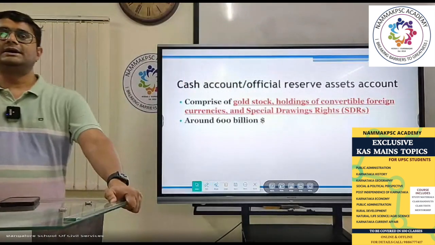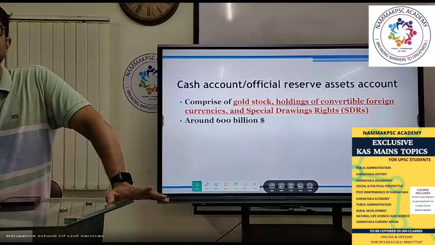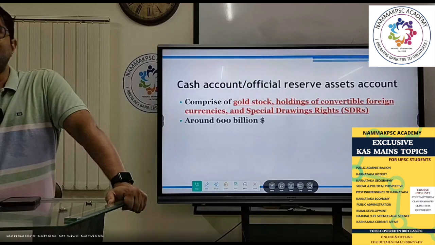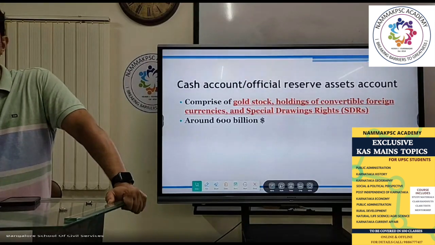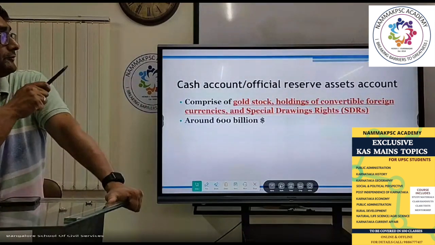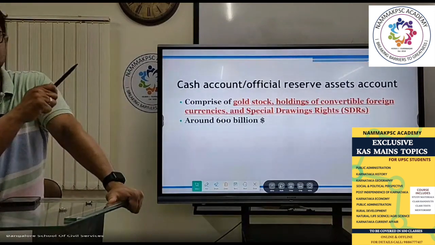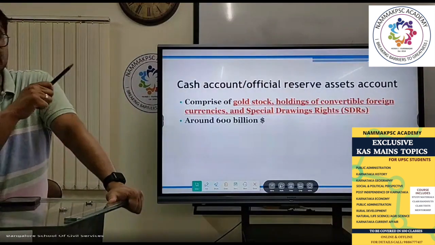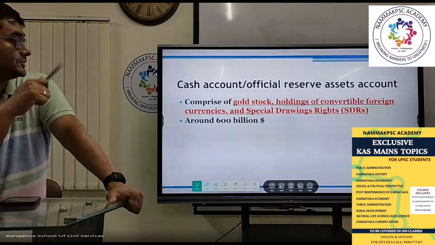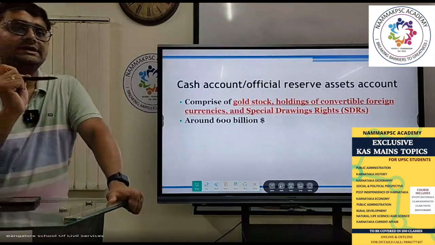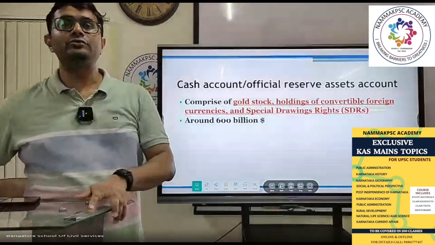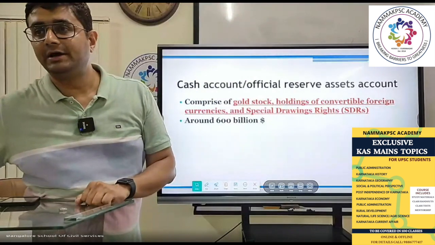And the third part of balance of payment is what? Your cash reserve or forex reserve, called the cash account or official reserve assets account. So it is nothing but your forex reserve. In India, who maintains forex reserve? RBI.